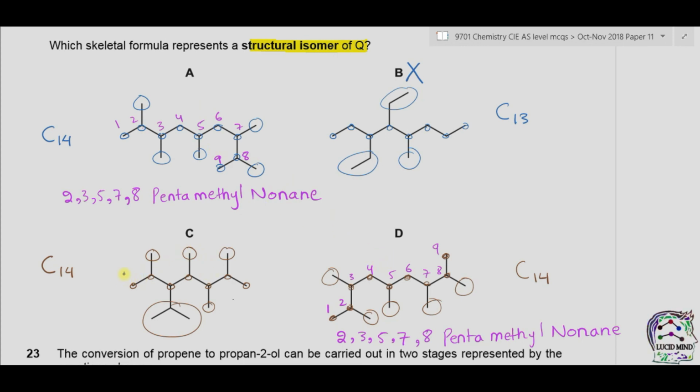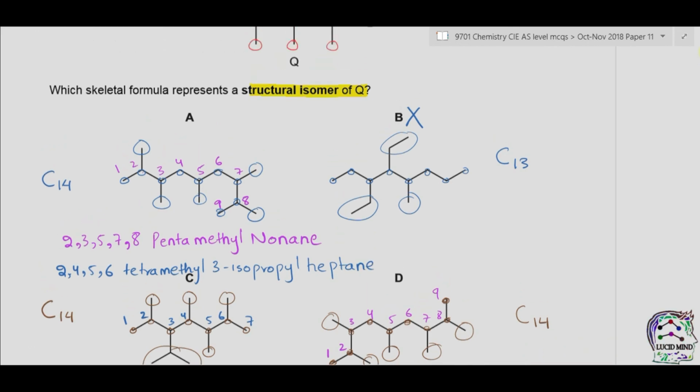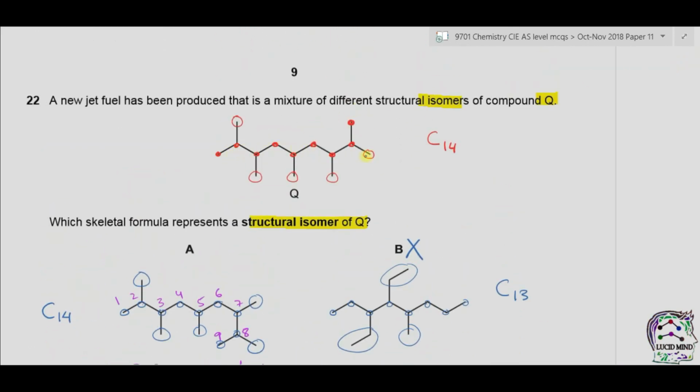Now naming part C, we have 1, 2, 3, 4, 5, 6, 7 carbon atoms in the long chain. Now on 2nd carbon, 4th, 5th and 6th we have methyl groups, so we can write 2, 4, 5, 6. As there are 4, it is tetramethyl. On 3rd carbon atom we have an isopropyl group. And in the long chain we have 7 carbon, so it is heptane. Now we can look at the given structure.